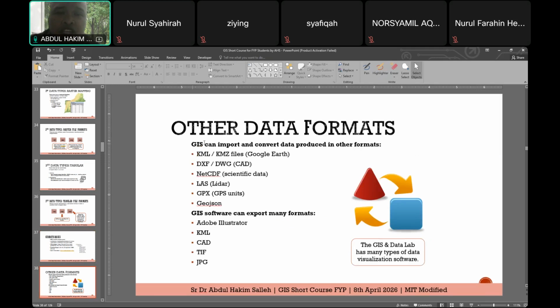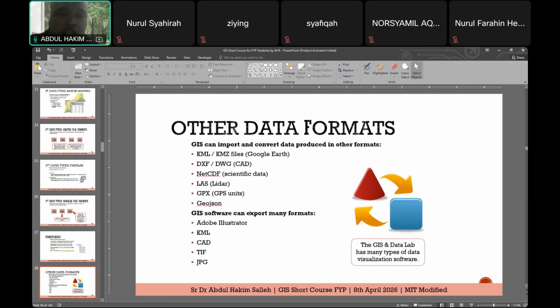So, for example, GIS can import and convert data produced in other formats such as KML or KMZ files from Google Earth, AutoCAD files, DWG, DXF, scientific data, LiDAR data, LAS, and GPS unit data, GPX. If you use Garmin and you mark any points, it will be in the form of GPX. GeoJSON is also an extension of JSON.